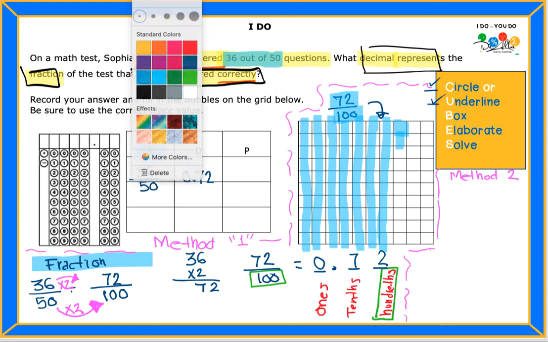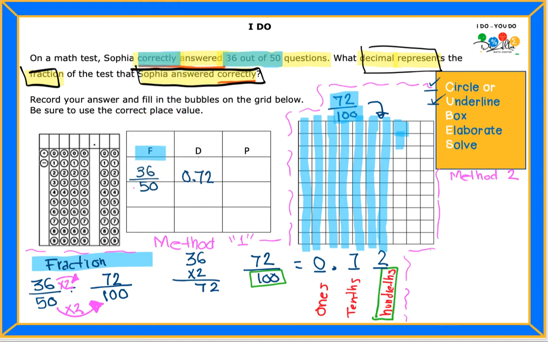Okay, now I want to get started by simplifying my fraction. Remember that in this case, we made it bigger to find a denominator of 100 and be able to use place value. Now, since I'm going to divide, I would like to simplify my fraction. So I'm going to see if I can divide this by 2 and divide this by 2.